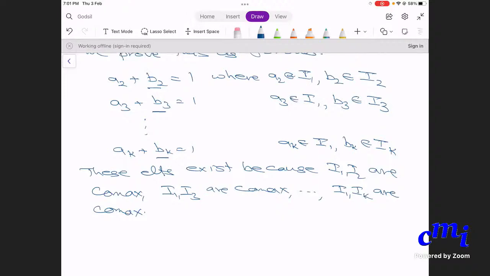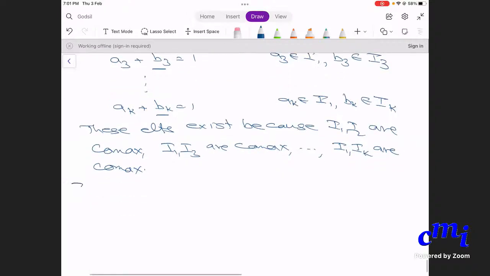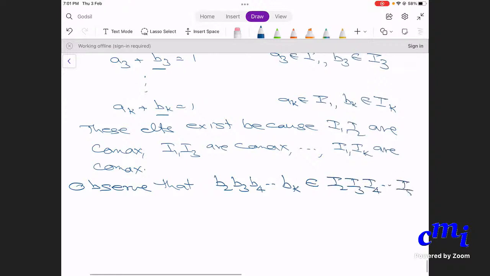That element certainly belongs to the product of the ideals I2, I3 up to Ik. So observe that. The product B2, B3, B4, and so on up to Bk belongs to the product ideal I2, I3, I4 up to Ik. In fact, the product ideal is generated by all such elements. That's how we define the product.